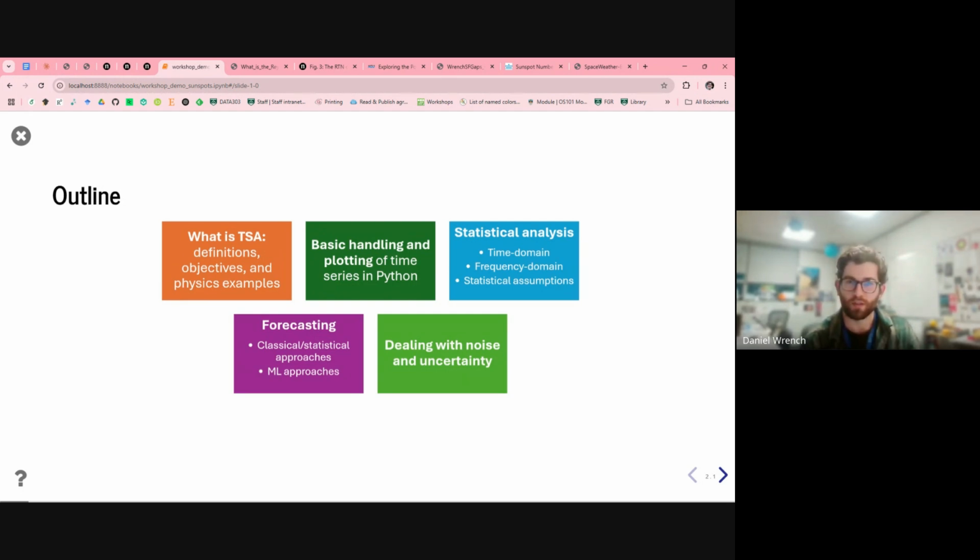Then we'll look at a few of the different types of statistical analyses you can do. So you can measure things in the time domain, or very commonly in astrophysics, you'll convert to the frequency domain. So we can understand what are the most important scales of variation in our signal.